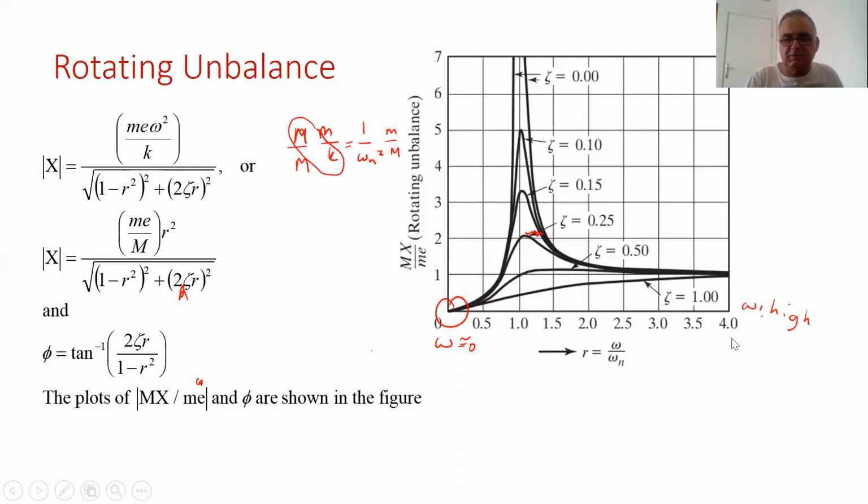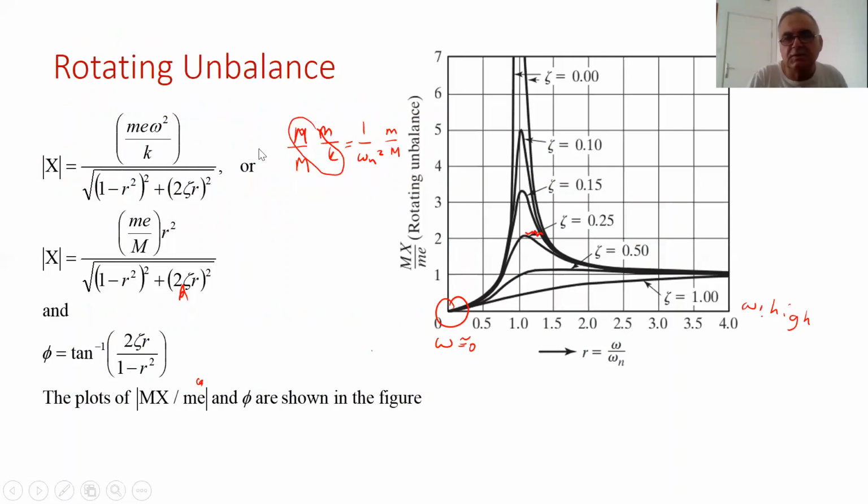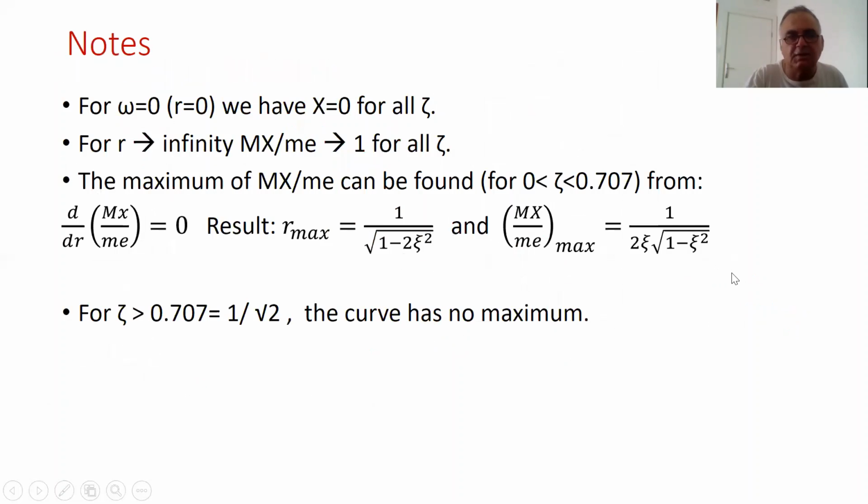In this case, the amplitude is 0 for 0 frequency, for all values of zeta. When the omega goes to very high values, or R goes to infinity, as we have said here, all the curves go to 1 independent of zeta.